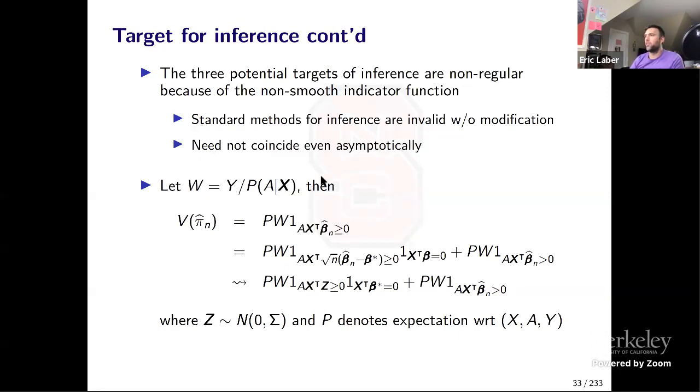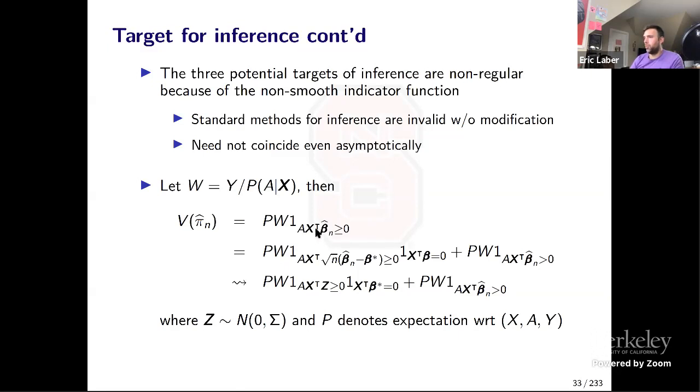So just to illustrate this point, to make the notation more compact, define W to be Y over the propensity score, and I'll assume this is known. I'll assume it's a clinical trial or something, so this is known. Then we can write V of pi hat to be the expectation of W indicator A X transpose beta hat. So I've estimated beta hat using least squares. So this expectation is only over W, A, and X, but not beta hat.